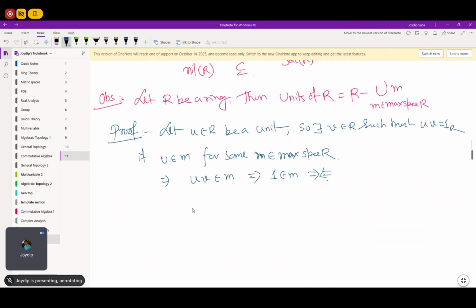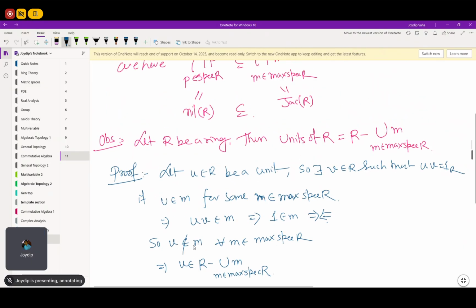By definition, M is proper. So u does not belong to M for all M, and this simply means u belongs to R minus the union of M, M belongs to Max Spec R.